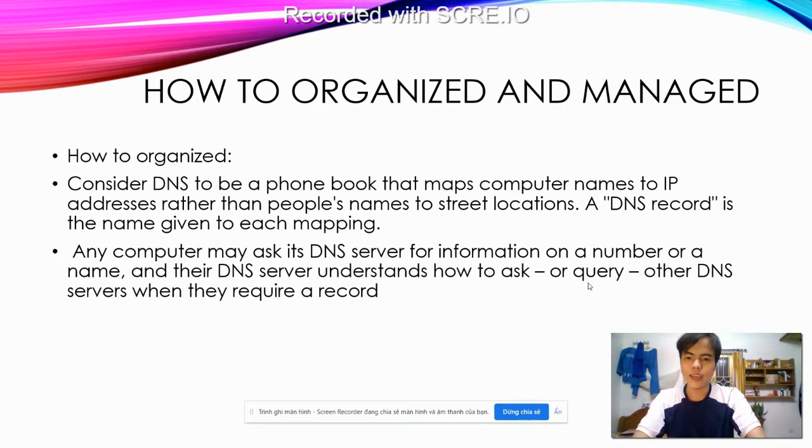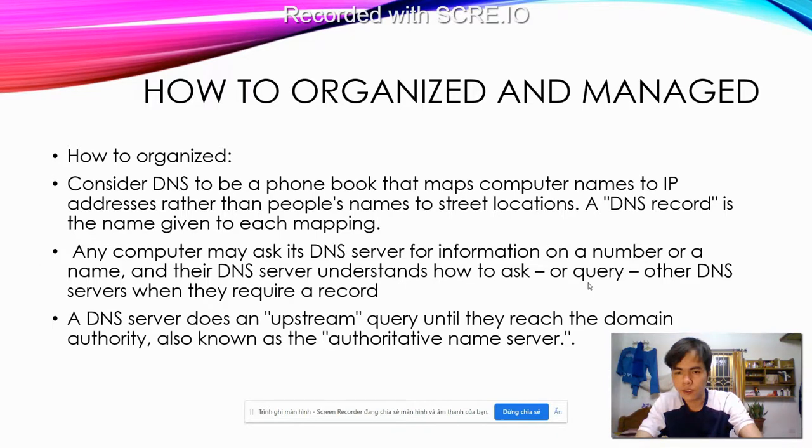Any computer may ask its DNS server for information on the number or name, and the DNS server understands how to ask or query other DNS servers when they require a record. It is a various server relationship between a located DNS with the DNS servers.